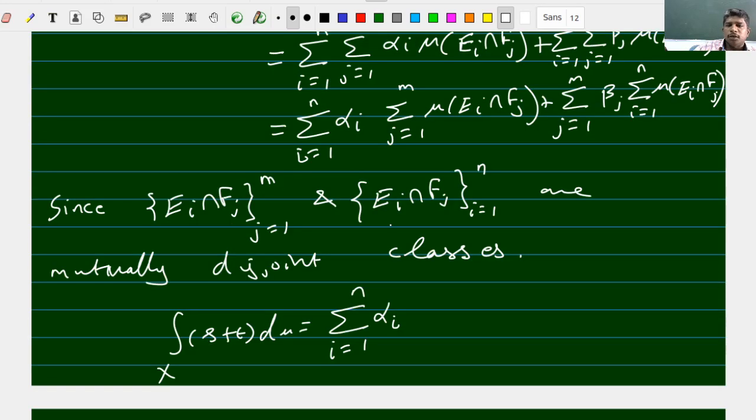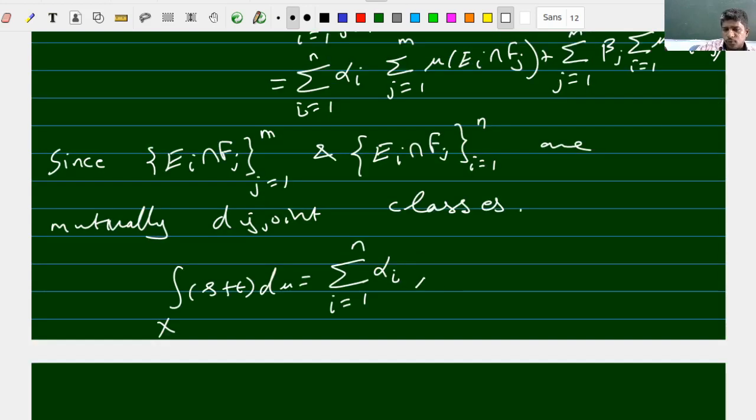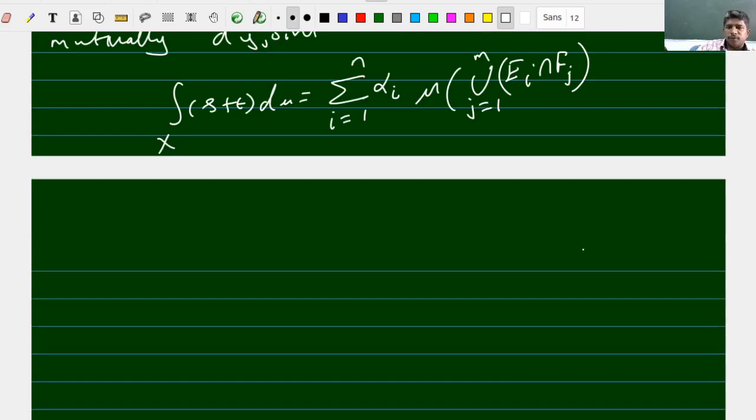by the countable additivity of mu. This second summation becomes the following: mu of the union j from 1 to m of E_i intersection F_j. So if I take two different sets, they are mutually disjoint because the collection F_j are mutually disjoint, plus summation j from 1 to m beta_j mu of the union i from 1 to n of E_i intersection F_j.